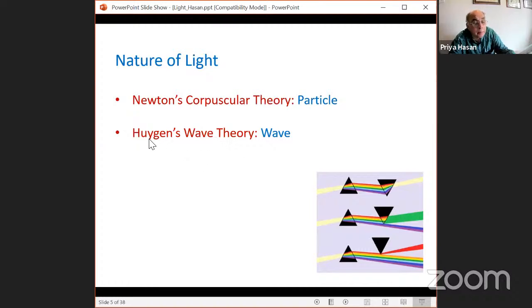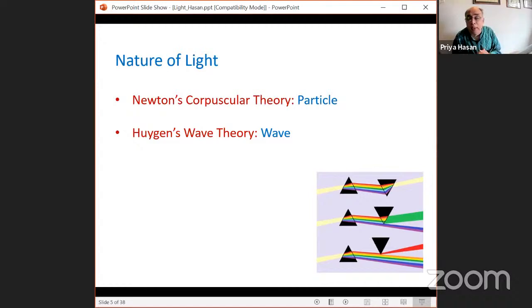And Huygens and others looked at the scattering of light in glass, right? If you have light falling into a glass, they said it gets dispersed, and the glass distorts its properties. Since it's a wave, as it goes from one medium to another, it spoils its properties, and hence the light splits into the spectrum.